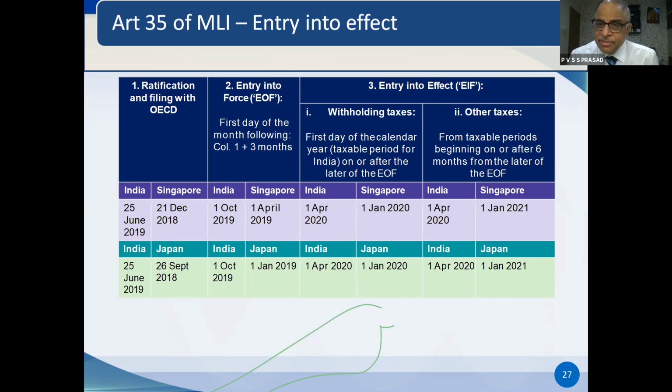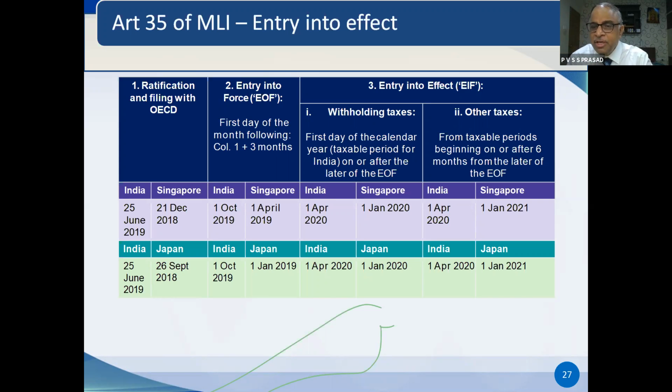But in Singapore, it has come into force on 1st April 2019 itself, because their ratification happened almost 6 months prior to what we did. But the latest date of entry into force is the later date, that is 1st October. From there, you have to see when our taxable year is starting. From 1st April 2020, withholding taxes will apply.